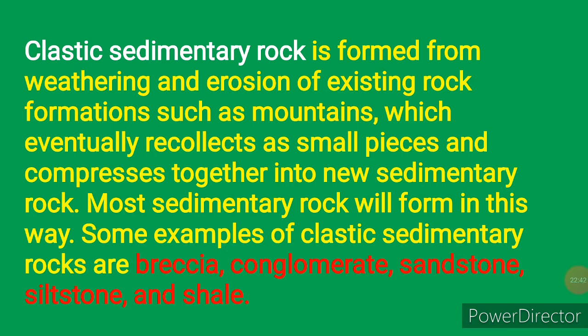Some examples of clastic sedimentary rock are breccia, conglomerate, sandstone, siltstone, and then shale. Do you see it now? So clastic sedimentary rock is formed when rocks and mountains break into smaller pieces and they are carried away and assembled in layers together. They are the most common of all sedimentary rocks.